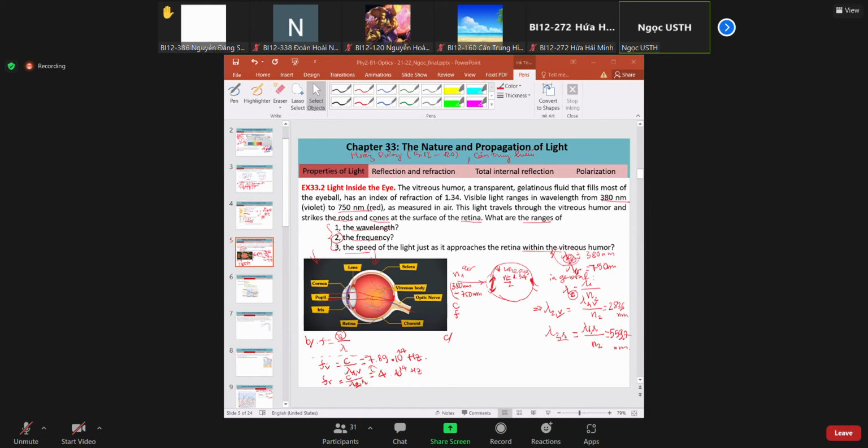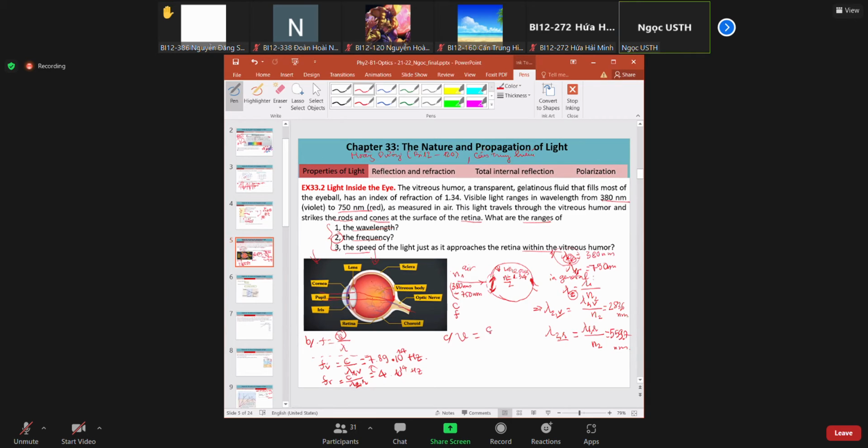Your chance. Okay. So here we have to calculate the speed of light just as it approaches the retina. Here the light has traveled from the air to the viscous fluid. So I'm going to use V equals C over the index of refraction of the fluid.